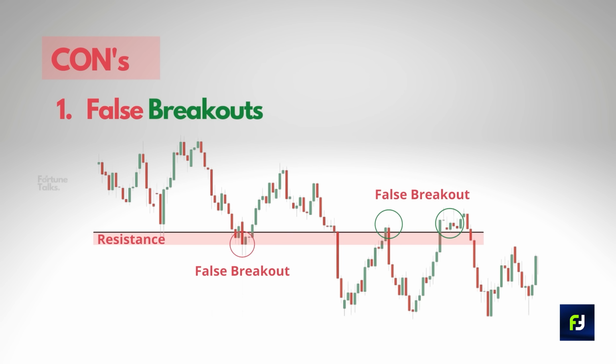Now talking about the disadvantages, number one is false breakouts. False breakouts are a considerable part of the breakout approach of trading. No matter how sound your methodology used in identifying the breakout is, or how good your system is in quantifying the market, in many instances, a signal may appear to be solid, but it will end up lacking the intended participation or the increased participation from the market participants, which is the most essential thing for a breakout trade to succeed.